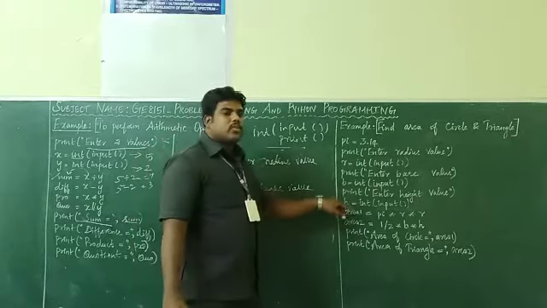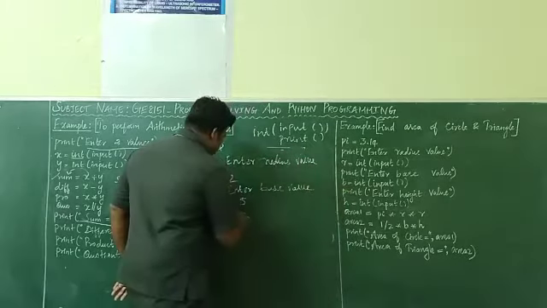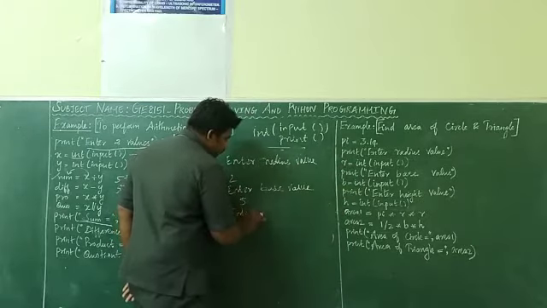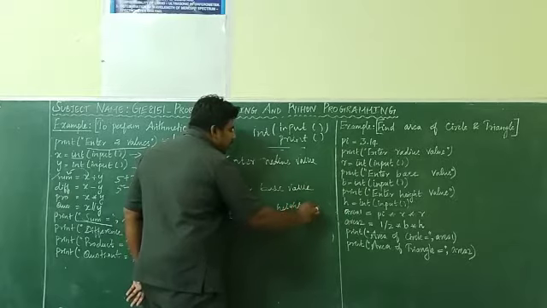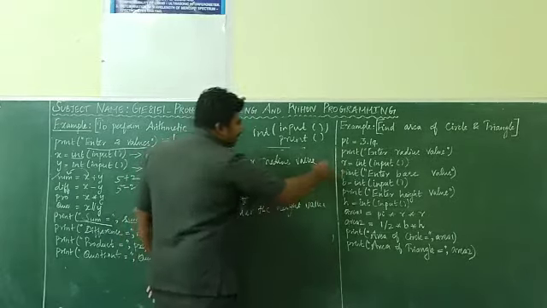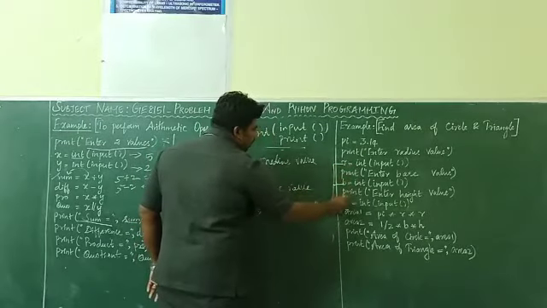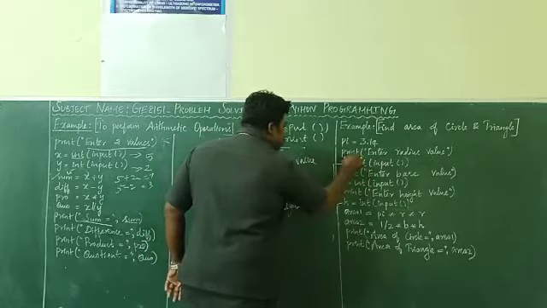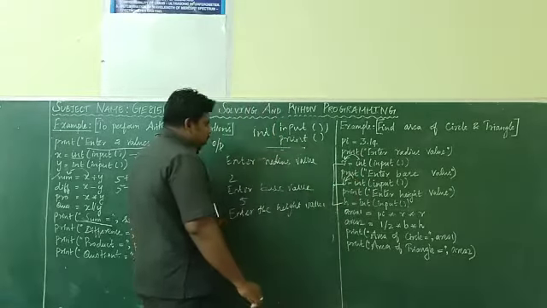Then again, what's the next input? Enter the height value. So it will display, enter the height value. Whatever is present in the print statement inside double quotes, it will be displayed the same. And these three are the input functions, for r, b, h. The particular input will be stored inside the variable. Here also, whatever value you give will be stored inside the variable.